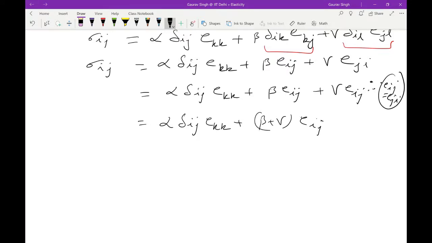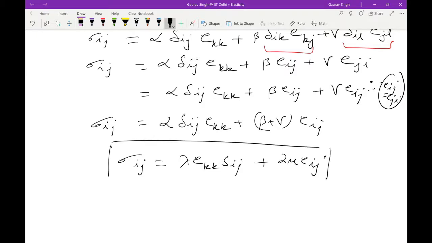Okay, so this form which you see over here can be written as sigma ij is equal to lambda ekk delta ij plus 2 mu eij. This is the Hooke's law for an isotropic solid.